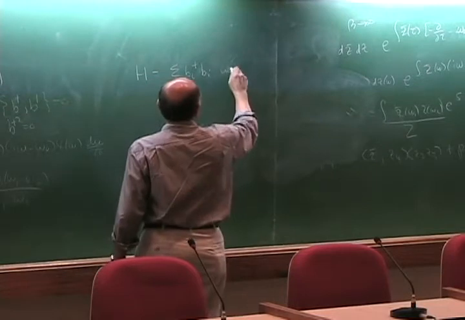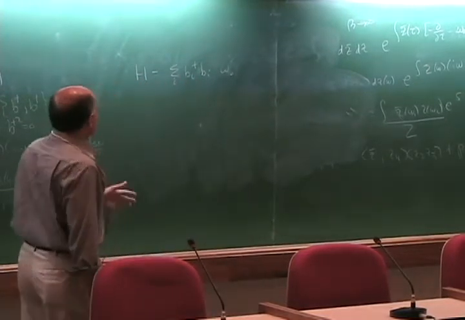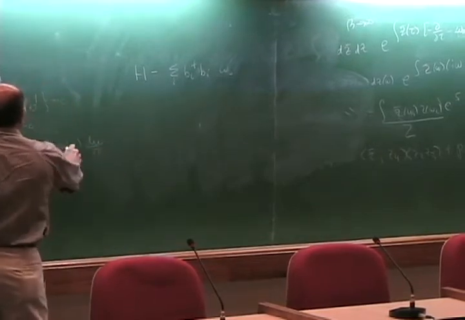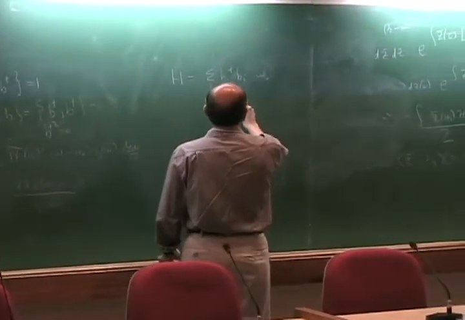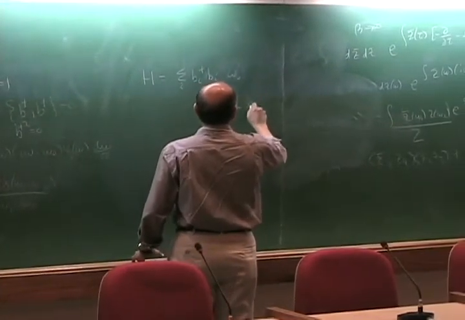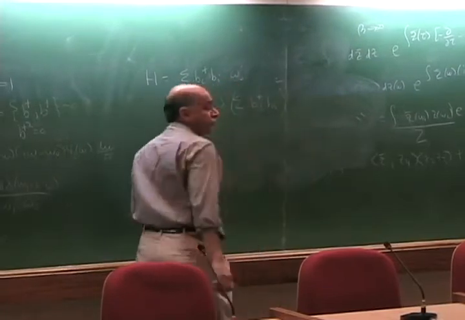They could all have different frequencies. Let me take a case where they all have the same frequency. Then it is repeated with an extra label i. But what's more interesting may be a problem where you have some interaction between them, b_i dagger b_j dagger b_j b_i.